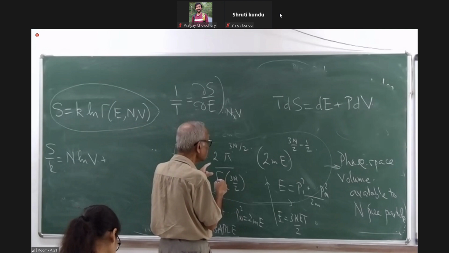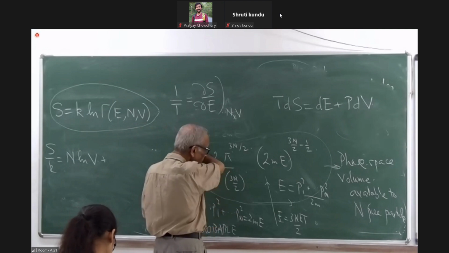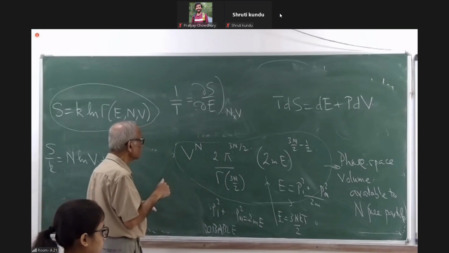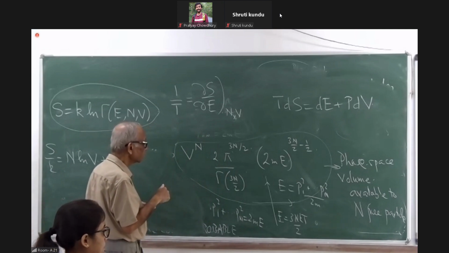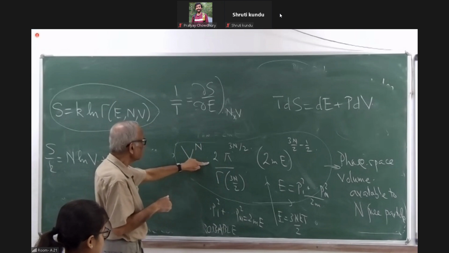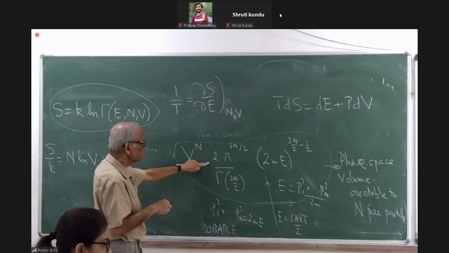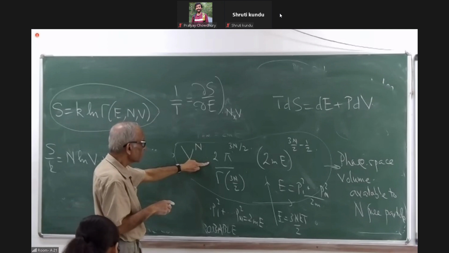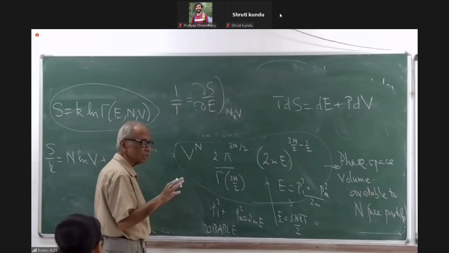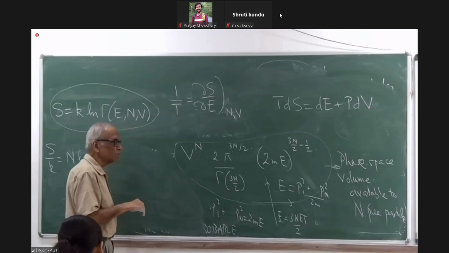This is the term for the gamma function. The 2 is coming because of the series. While calculating the surface area, this came from the surface area of the sphere.